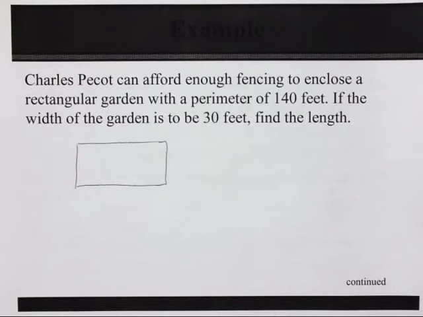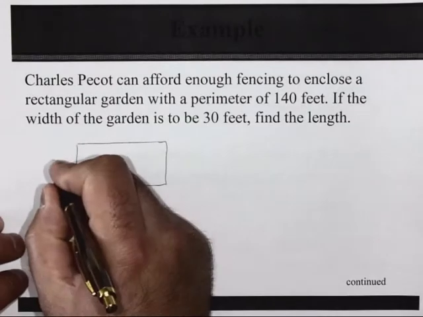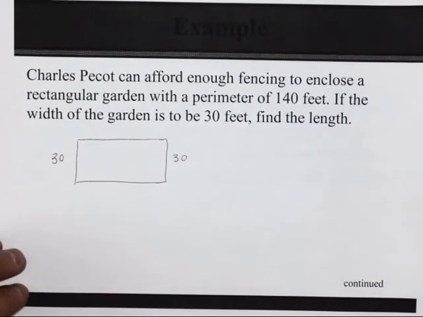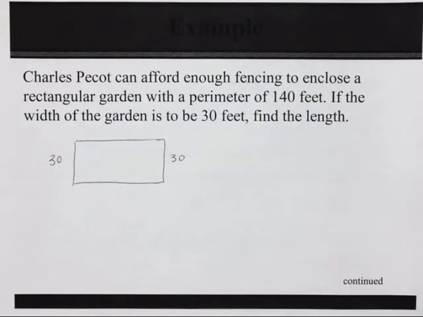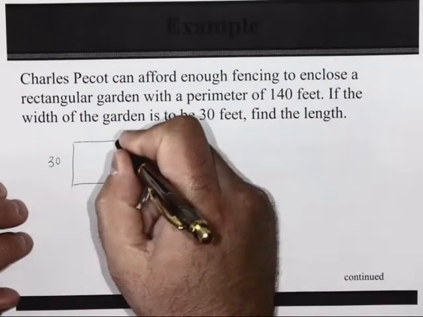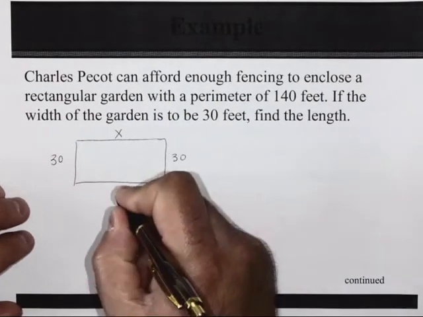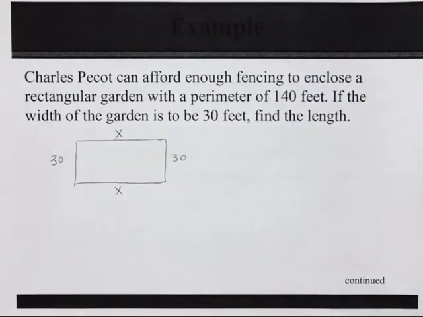So we know the width is to be 30, so we'll say this side's the width, so that means the opposite side's also 30, since this is a rectangle. We do not know the length, so we're going to label that x. That is our unknown quantity, so since it's a rectangle, we know the other side's also x. So we have values or variables for all four sides of the garden.